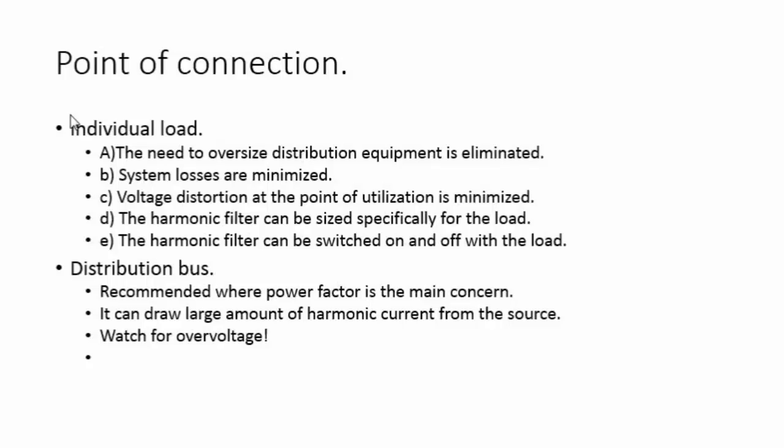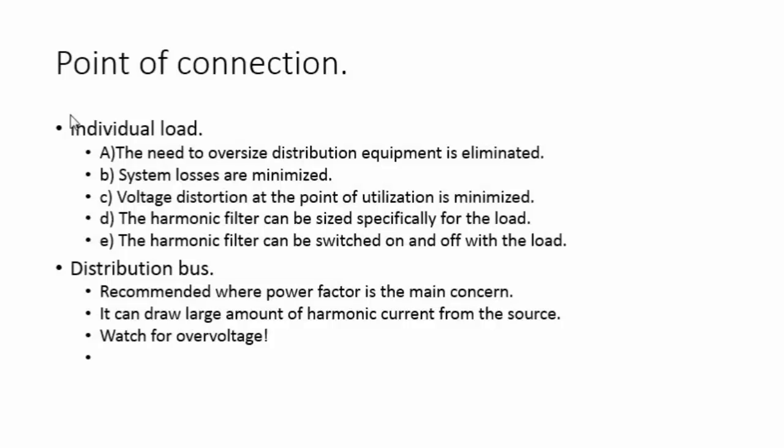Therefore, with less current, you have less system losses, which is a good thing. Now, the voltage distortion at the point of utilization is minimized because the filter is there to filter harmonics before they go into the system. The filter can be sized specifically for the load, and it can be switched on and off with the load, preventing overvoltage in the system when the load goes out.